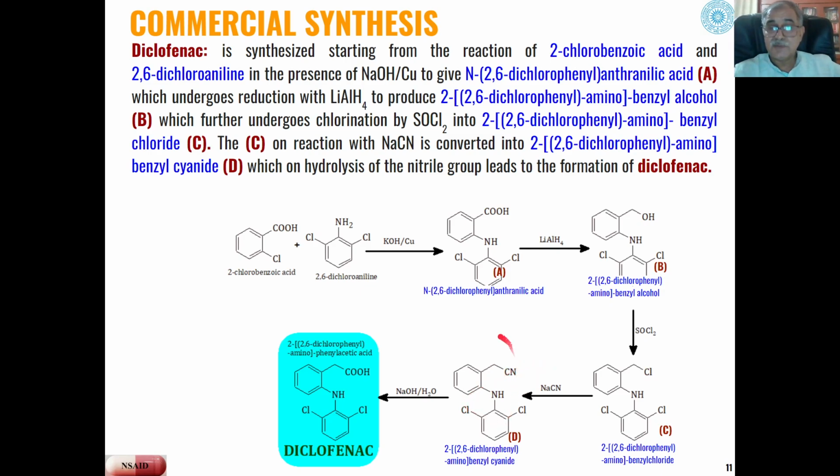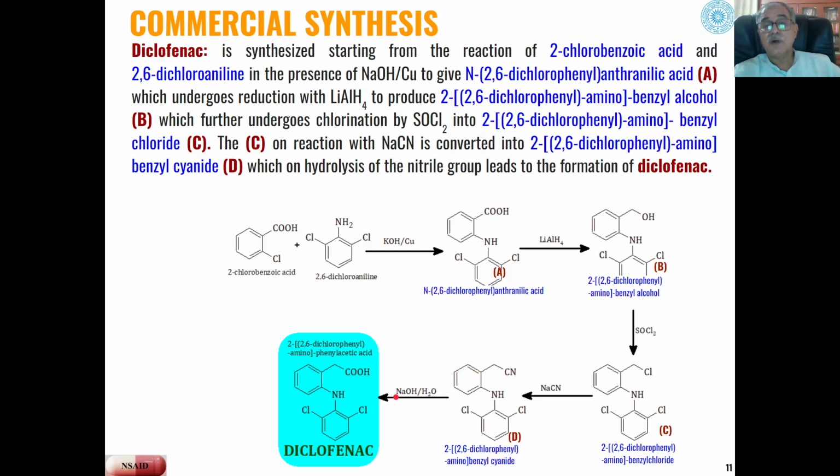Then this benzyl cyanide, when it undergoes hydrolysis in presence of sodium hydroxide, nitrile will be first converted into amide, and then further hydrolysis of amide will take place to give you carboxylic acid as the derivative.